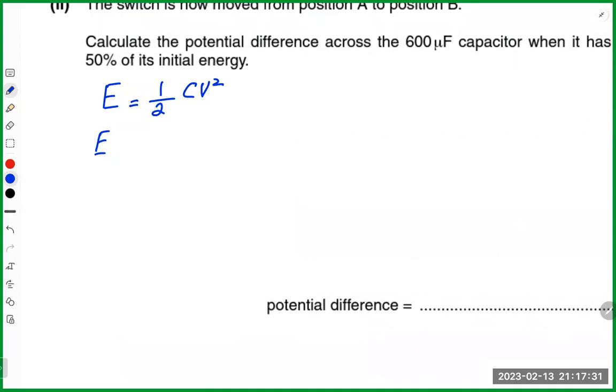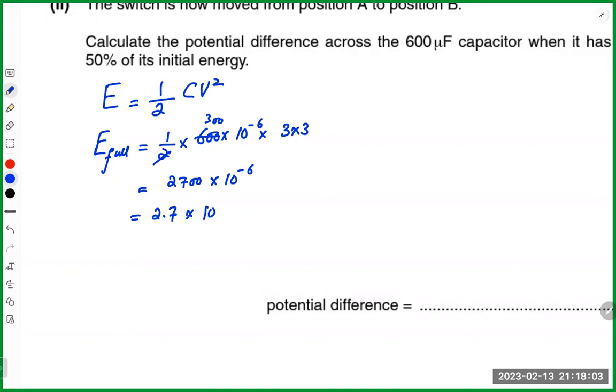So when full, it will be 1 over 2 into C, which is 600 into 10 to the power minus 6, multiplied by V squared, which is 3 into 3, 9. So 300, 3 into 3, 9, 2700 into 10 to the power minus 6, which is 2.7 into 10 to the power minus 3 joule.